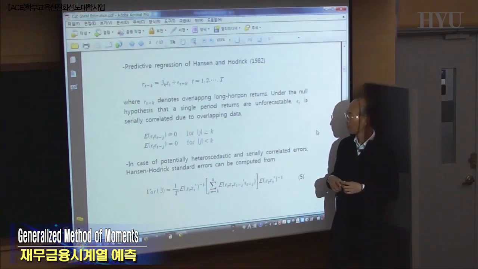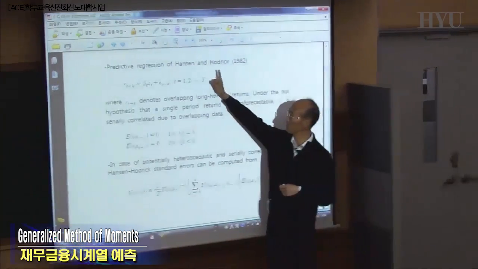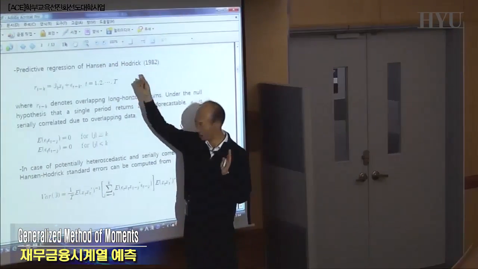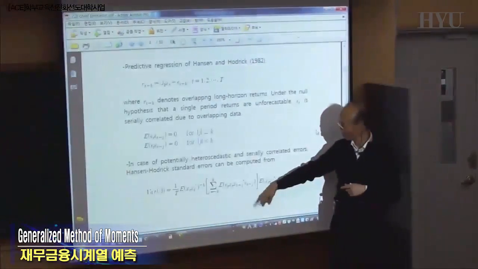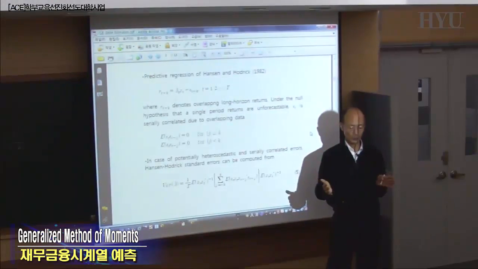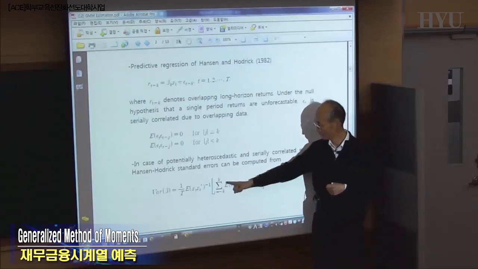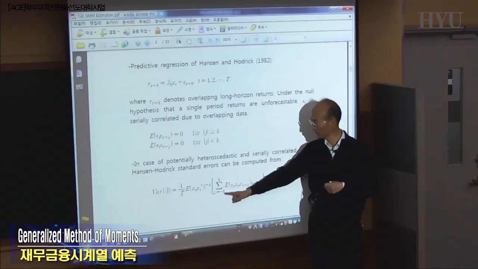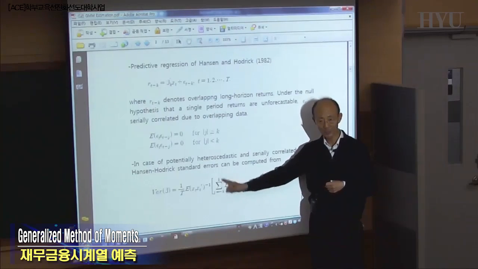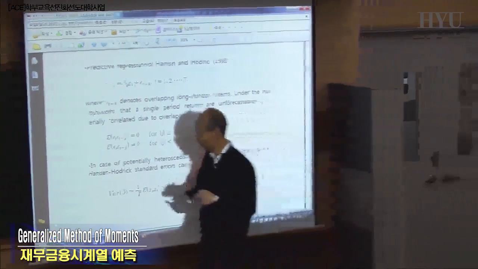Probably Hodrick didn't notice that at that time. But when you work with a different sample in another framework, sometimes it may work, sometimes it may not work because of this.